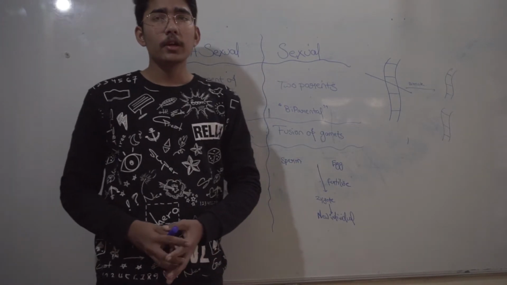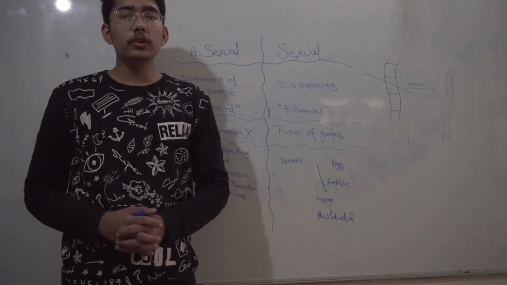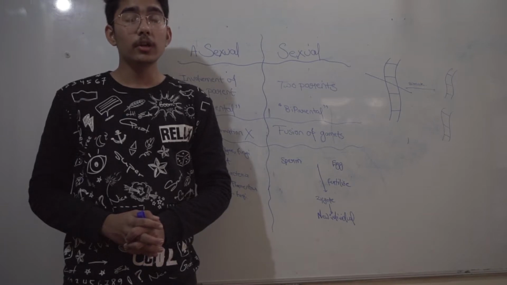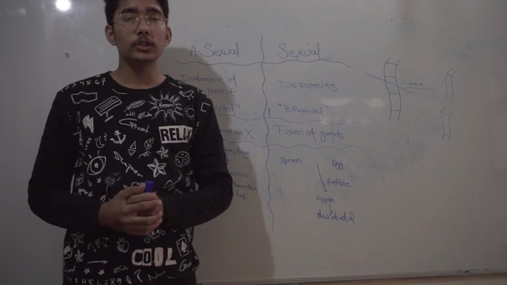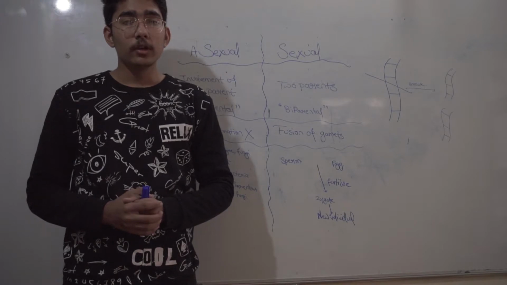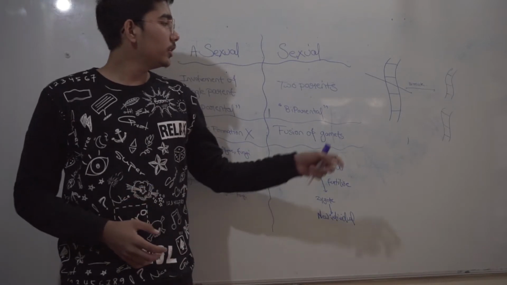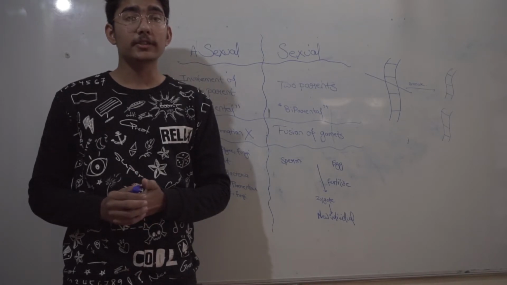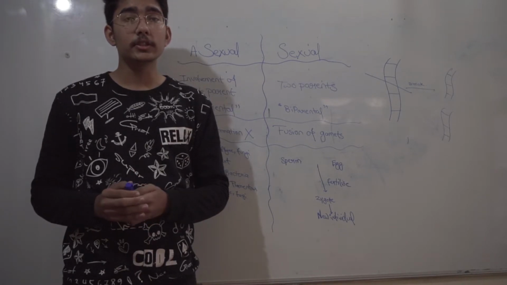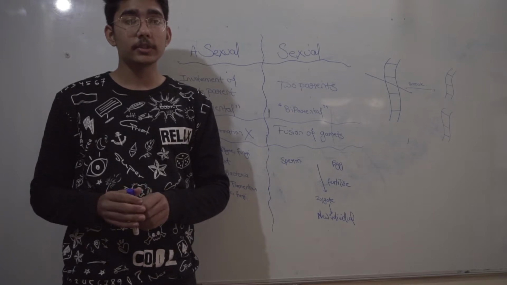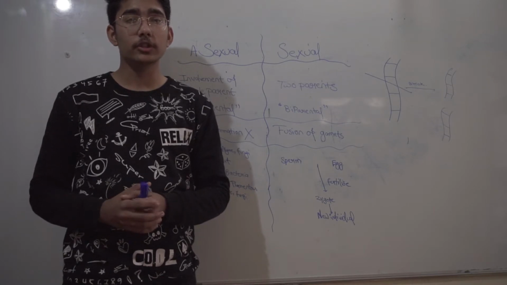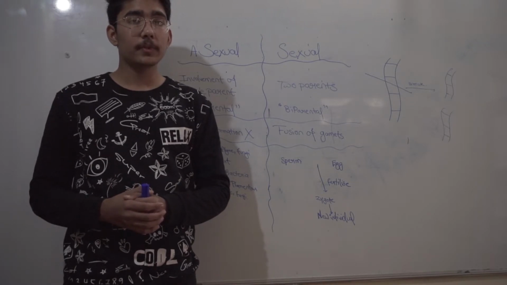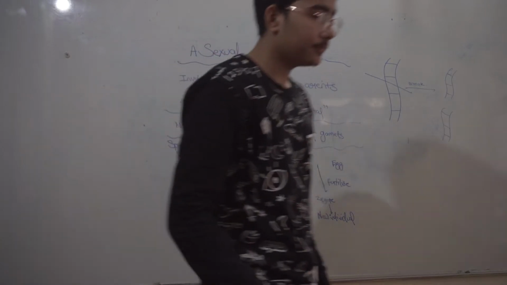Now, in organisms, there are two modes, as I have already told you: the first one is growth, the second one is reproduction. In the case of unicellular organisms, growth and reproduction are synonymous. Yes, in acellular organisms, growth and reproduction both are similar, synonyms. How are they? Let us discuss.